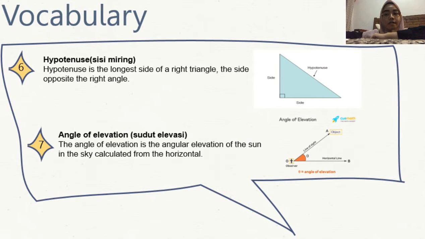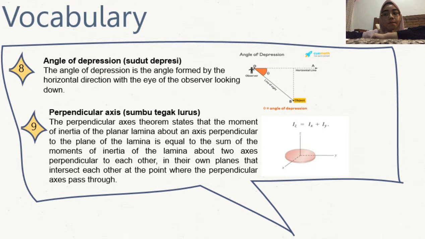Angle of elevation is the angular elevation of the sun in the sky, calculated from the horizontal. For example, next, angle of depression, sudut depresi. Angle of depression is the angle formed by the horizontal direction with the eye of the observer looking down.